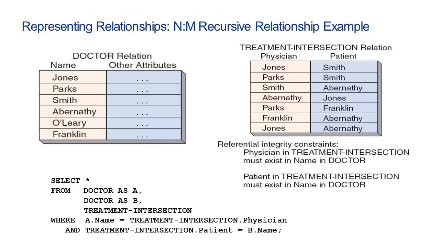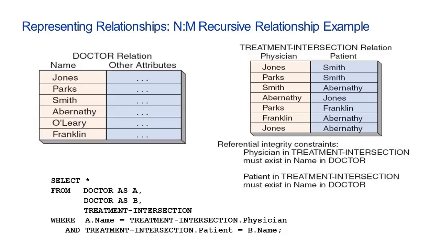Finally, we have the problem of how to implement a many-to-many recursive relationship. In our example, we said that we want each doctor to be able to treat or provide care for many other doctors, while each doctor can also be treated by or receive care from many other doctors.